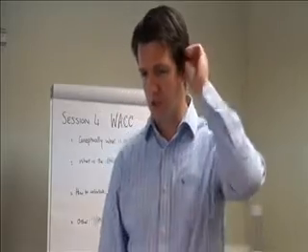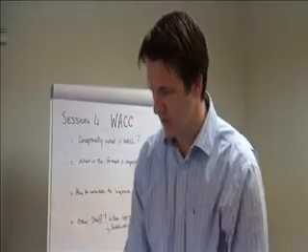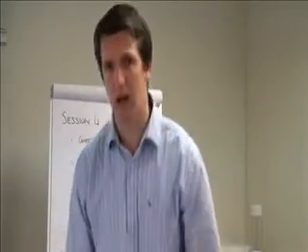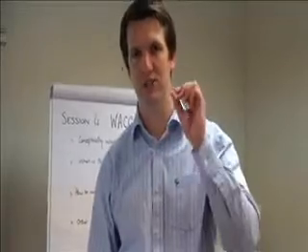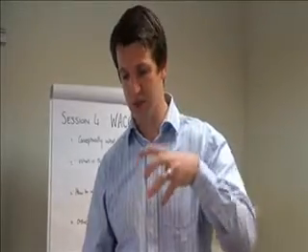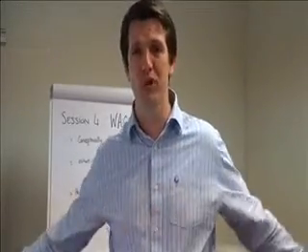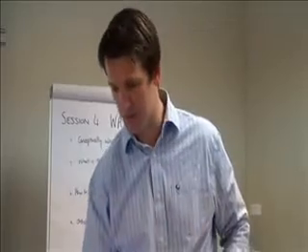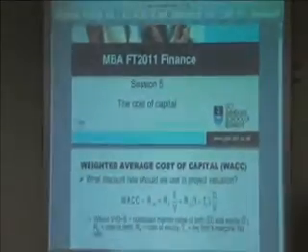What we're going to do is quickly run you through your slides and show you how I'm going to tackle it slightly differently, so that you understand this cost of capital and how all the various parts add up into the cost of capital. So let's walk through the slides that you've been given. It starts off with giving you the formula.